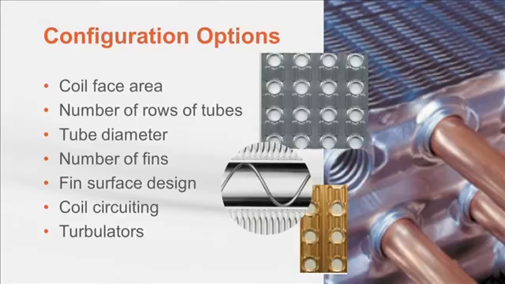The primary characteristics are the face area of the coil, the number of rows and diameter of the tubes, the number of fins and the design of the fin surfaces, the length of each circuit and the number of tubes fed, and whether or not the tubes contain turbulators.